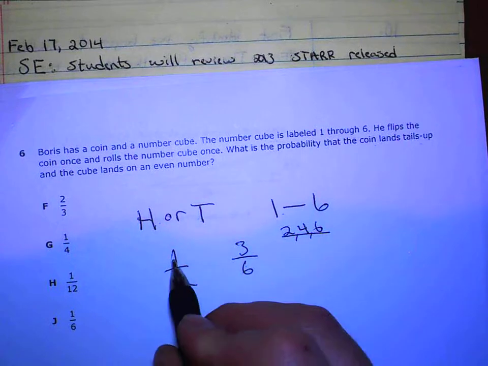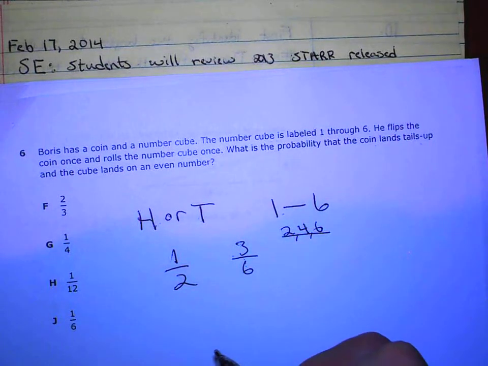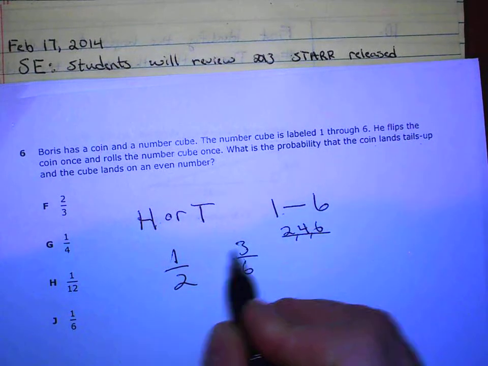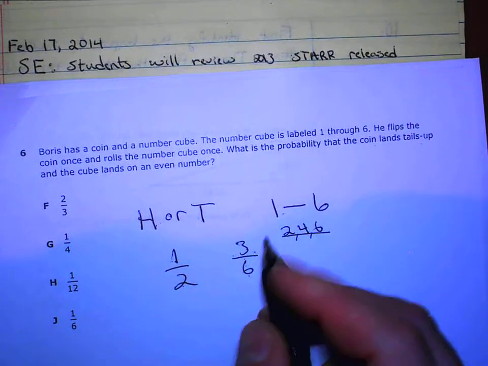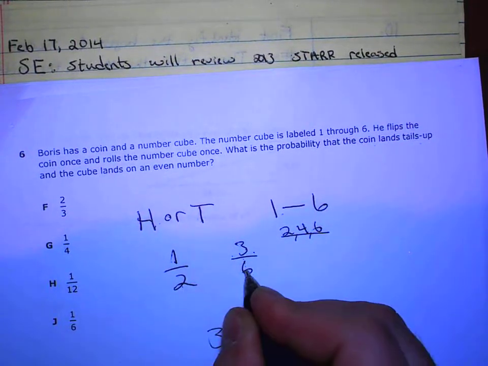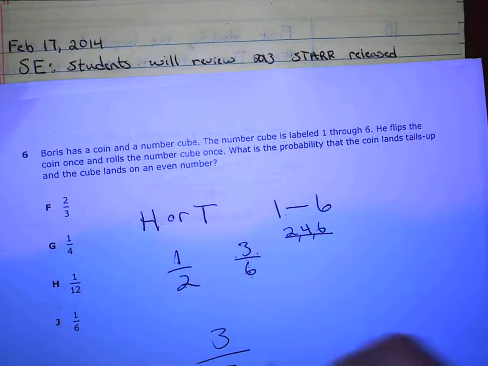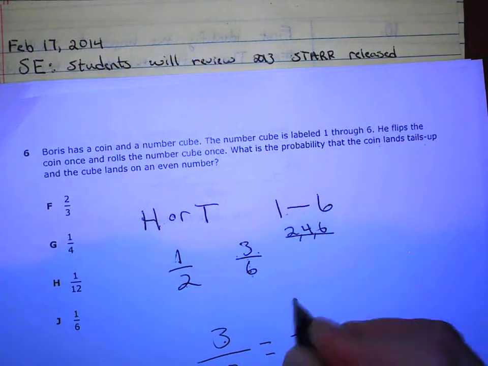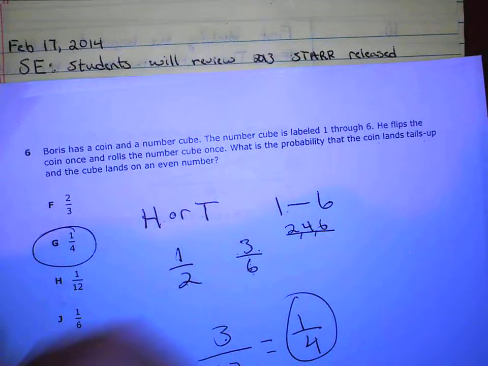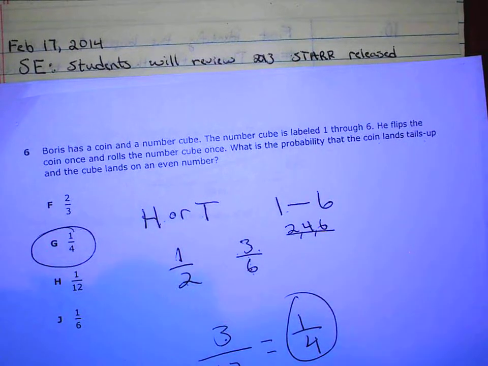Now, we're going to take these 2 and we are going to multiply them together. 1 times 3, 2 times 6, and reduce it. 3 out of 12. 3 goes into 12 4 times. We're looking for 1/4 as our answer. Okay?